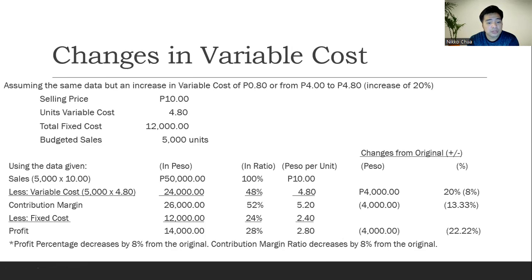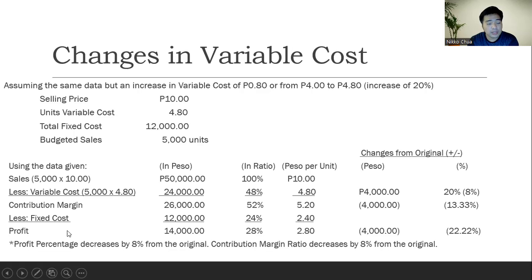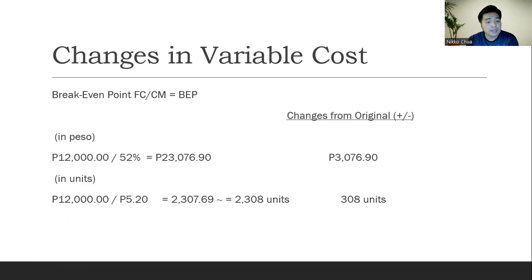So sa pag-total po sa break-even, katulad kanina, ating contribution margin percentage, that is CMR, that is 52%. So 12,000, yung ating profit ay ating less fixed cost deducted by, over 52%, that is 23,076.90. So there is an increase of 3,076.90.